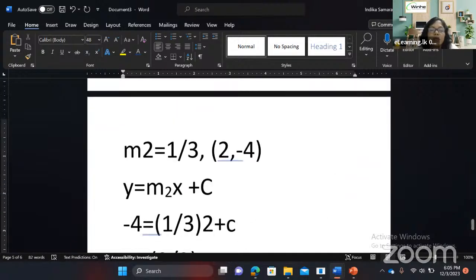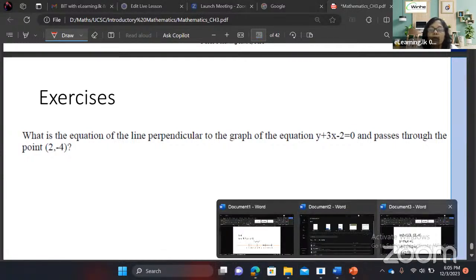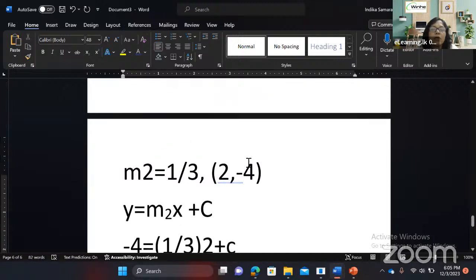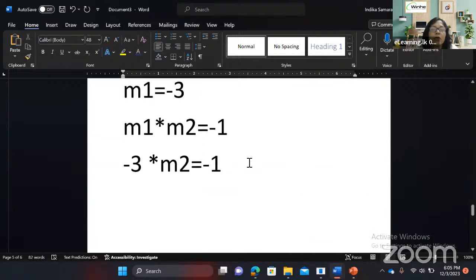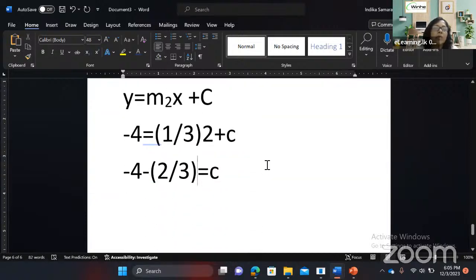Is it 2, minus 4? Yes, 2, minus 4. So what is c?